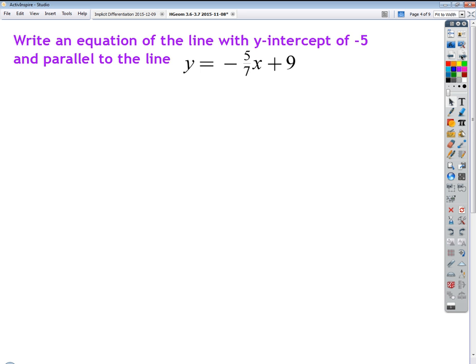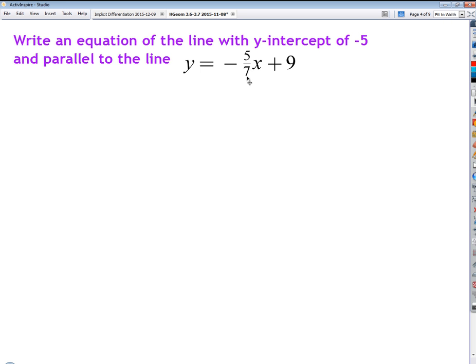Yeah, exactly. What do we call this form of a line? Slope intercept, good, where the slope and the intercept are explicitly seen in the equation. Just by inspection, we know that the slope is negative 5/7, just by looking at the equation.